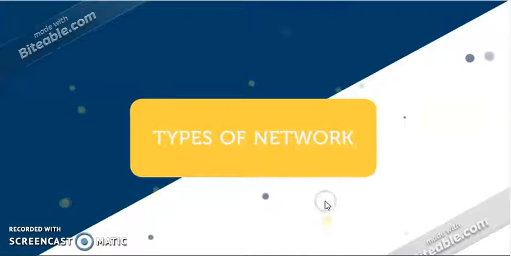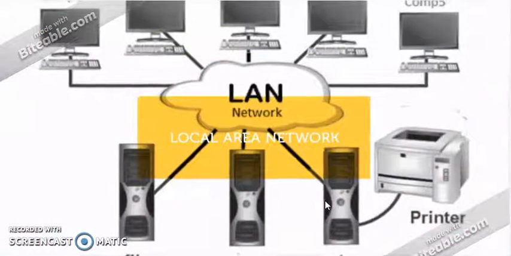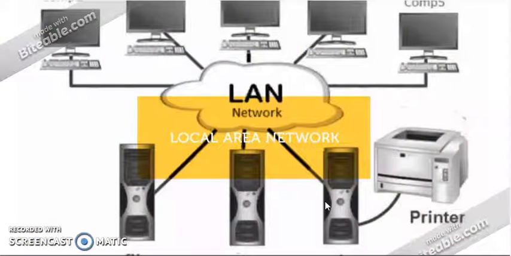Next are types of networks. There are two major types of network, that is local area network and wide area network. First one is LAN. A local area network is one which connects computers and devices in a limited geographical area such as home, school, computer laboratory, office building, or closely positioned groups of buildings.